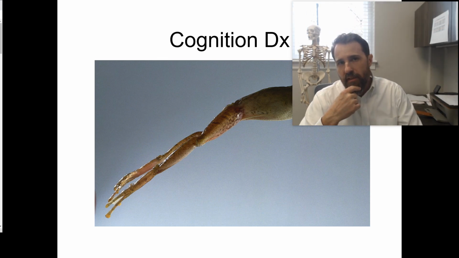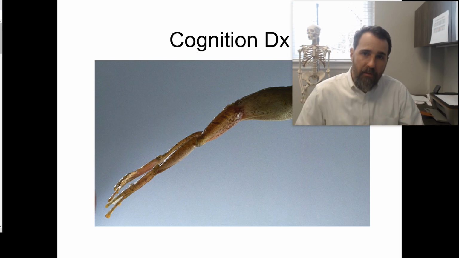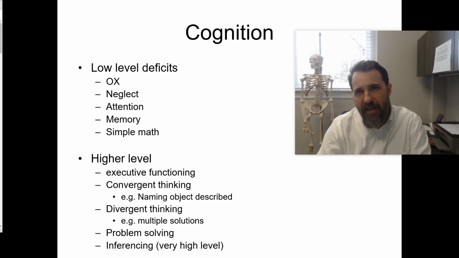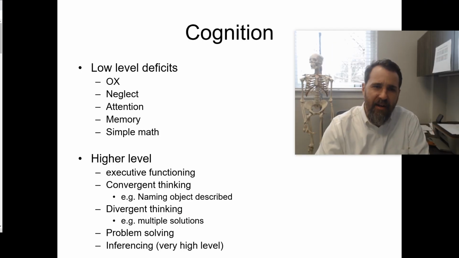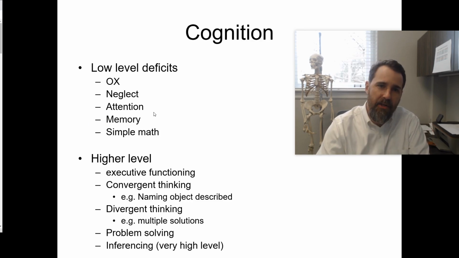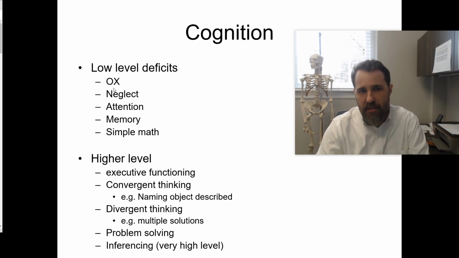All right, so moving now into tasks that we use for testing cognition. As SLPs, we test for and provide therapy for a lot of different facets of cognition. Low-level cognitive deficits such as orientation deficits, hemispatial neglect, attention deficits, memory deficits, simple problem solving, simple math.